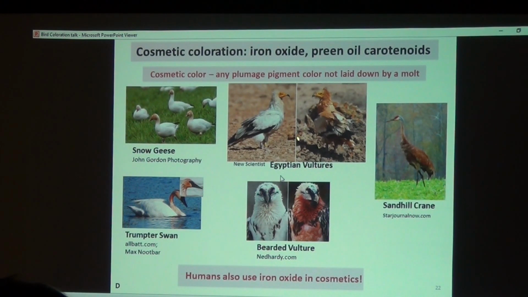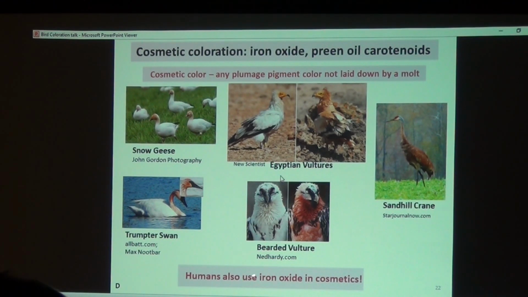And they take on this rust color literally because iron oxide is rust. These snow geese and trumpeter swans have similar iron oxide rust coloration on their heads and necks, but this is probably just coincidental from feeding in iron oxide rich waters.